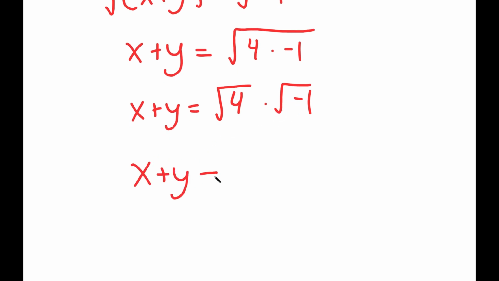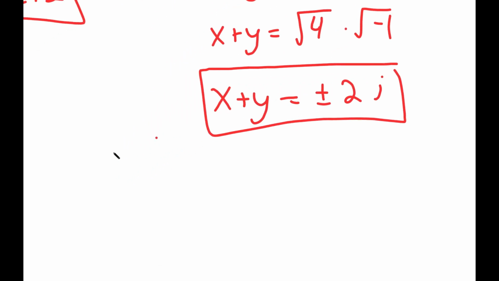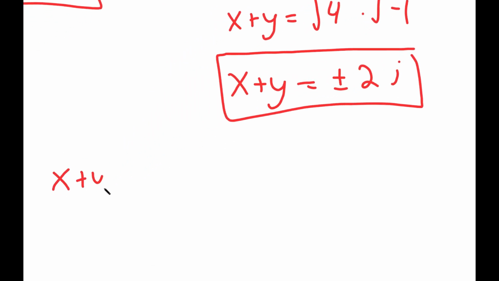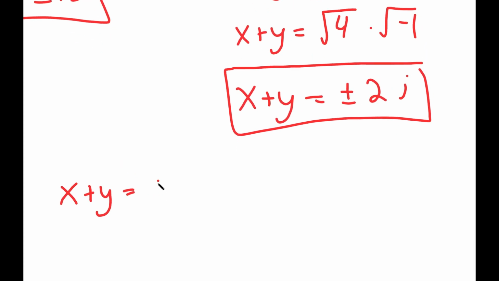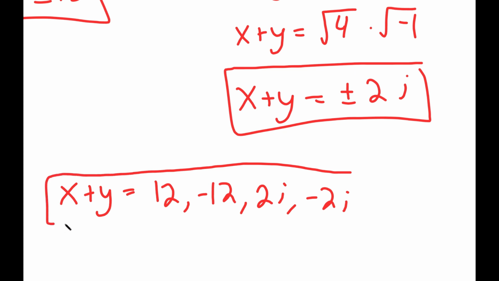So the square root of 4 is positive or negative 2, and the square root of negative 1 is i. So these are another two solutions. So my four solutions for x plus y are 12, negative 12, positive 2i, and negative 2i. So these are my four solutions.